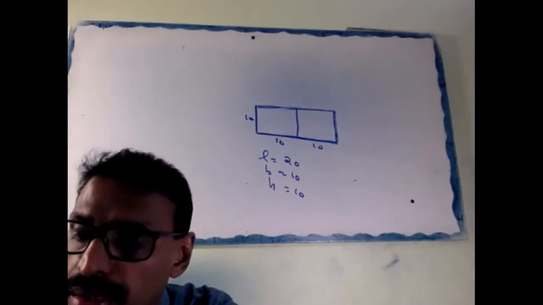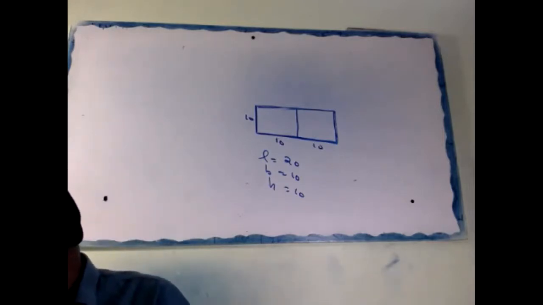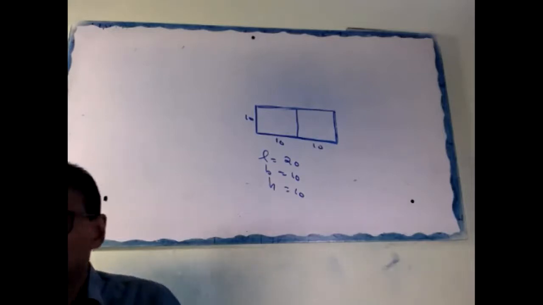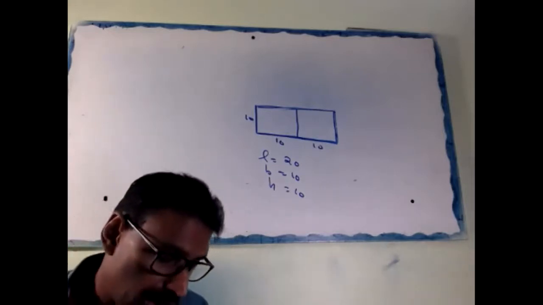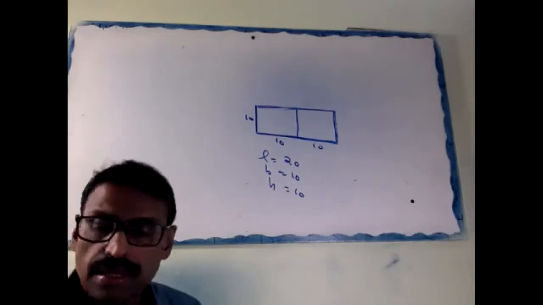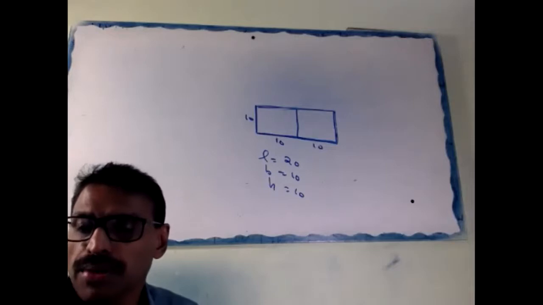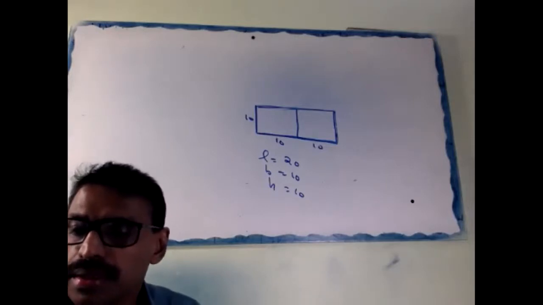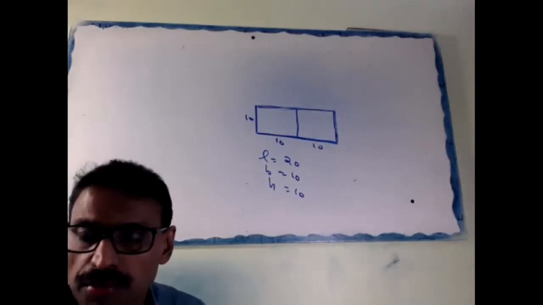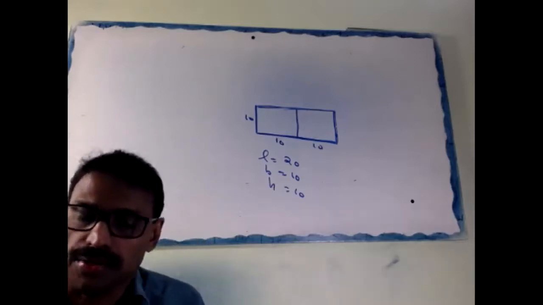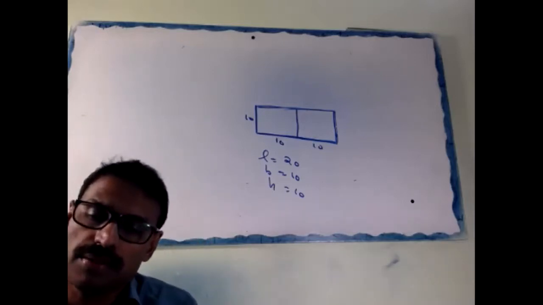Find the edge of the new cube. What will you do here actually? You have to find the volume. Correct or no? Correct. You melt and form a new cube.